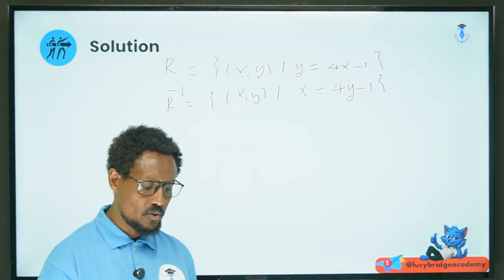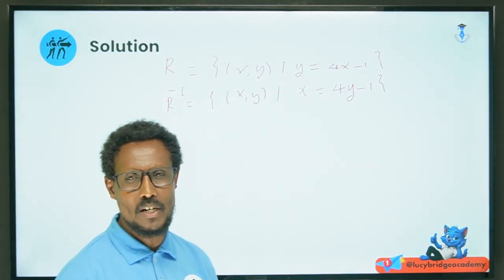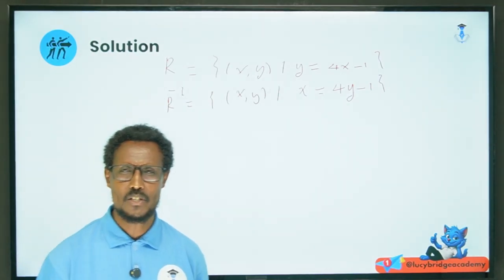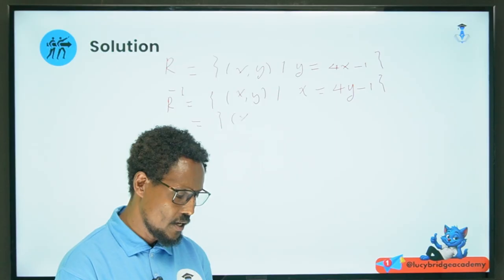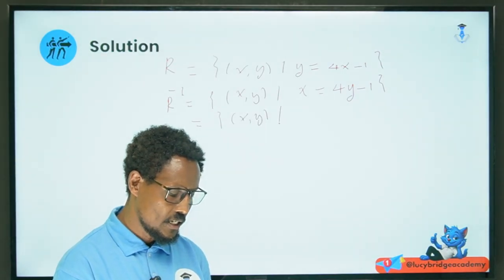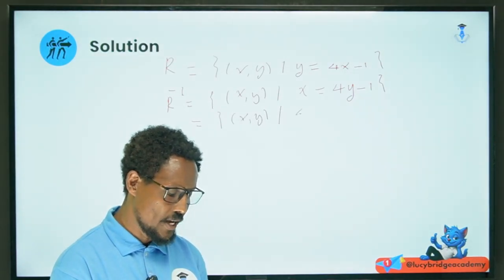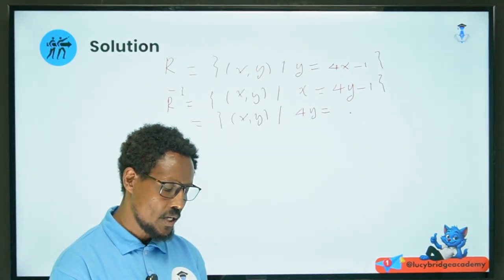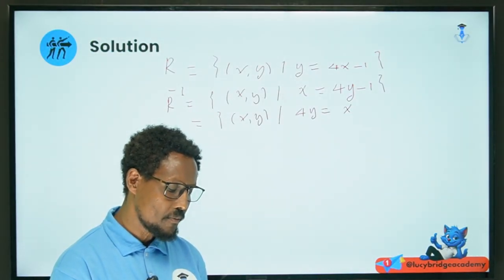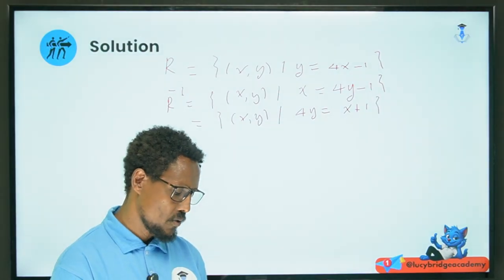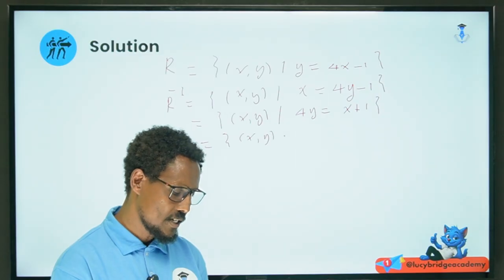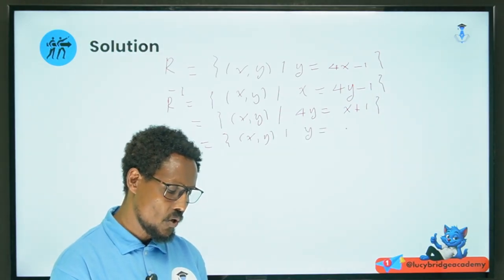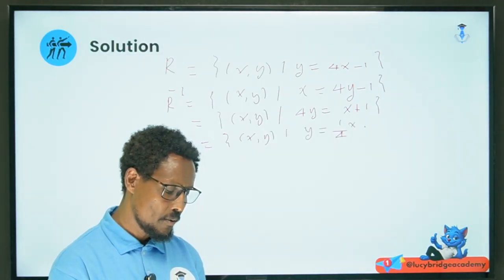But we have to write x which is equal to 4y minus 1 in terms of what? Just write y in terms of x. That means 4y is equal to x plus 1. Dividing both sides by 4, y is equal to 1 over 4 x plus 1 over 4.